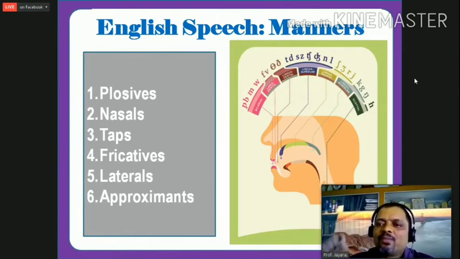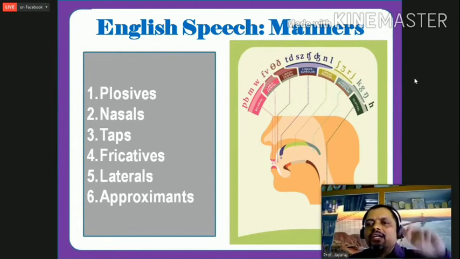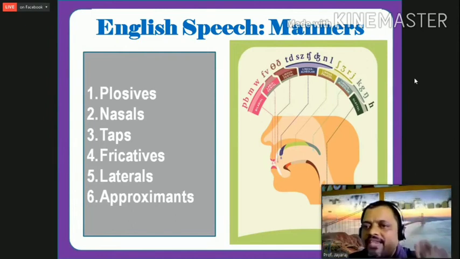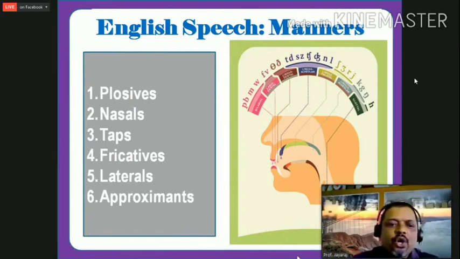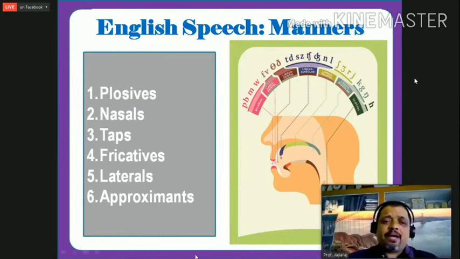When you take up the word river, we pronounce it this way: river, that is tap, that is trill. We have two ras in English. They normally drop ra, or if ra is retained, it is an approximant. They have the approximant ra, but we have trill and tap ras. So that is where we need to understand the difference.